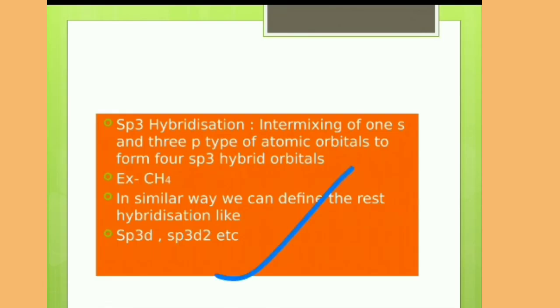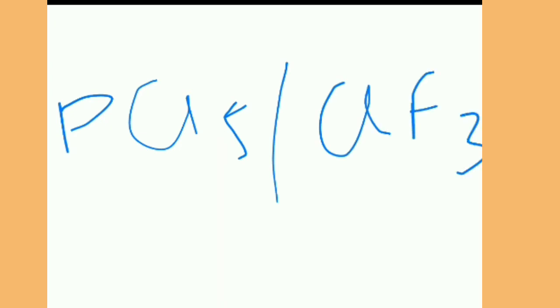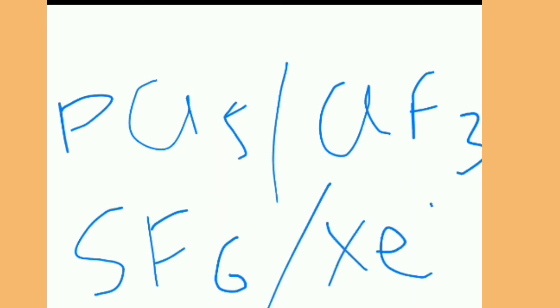For sp3d we can take PCl5 and ClF3 as examples, and for sp3d2 we can take SF6 and xenon tetrafluoride.